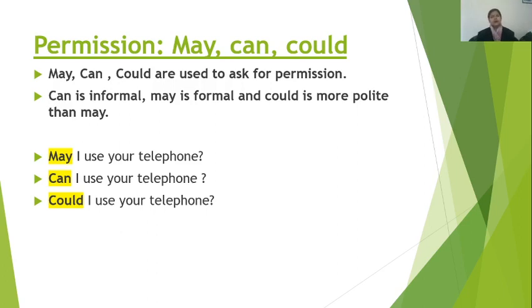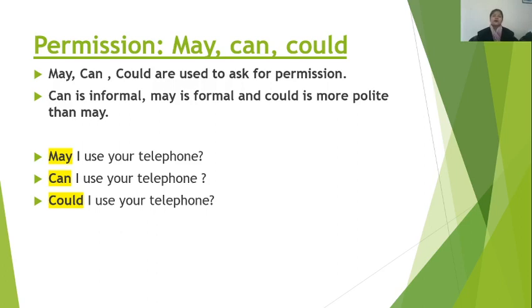Now let's see what is this formal and informal ma'am is talking about. Do you remember when you ask for any permission in the class, so what do you say to your teacher? May I go to drink water? Or may I go to collect my book from the library?